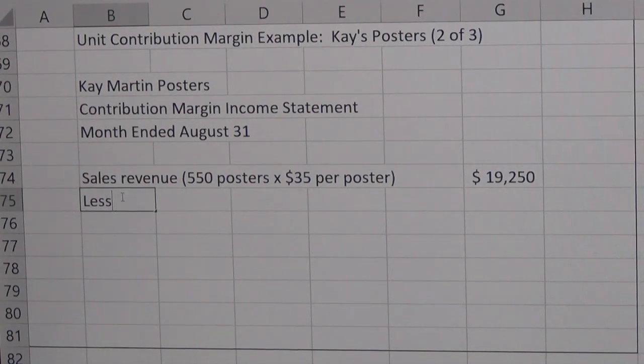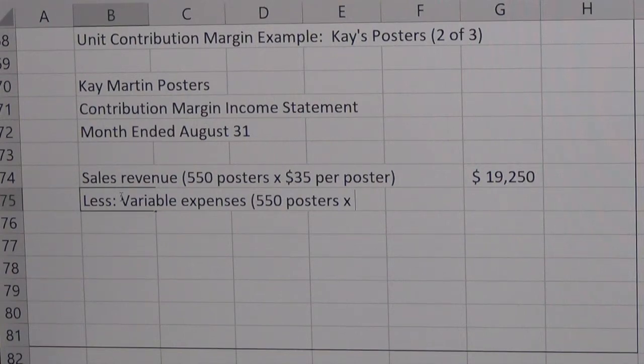Less variable costs. Well, they call it expenses, so let's go with that. Less variable expenses, and the detail is we had 550 posters, and we're going to multiply that by the previous slide's cost of $21 per poster.